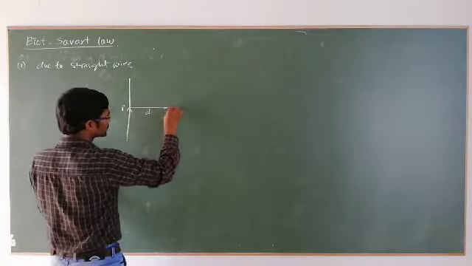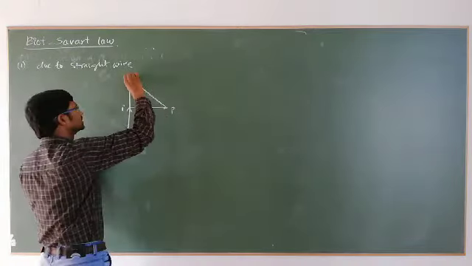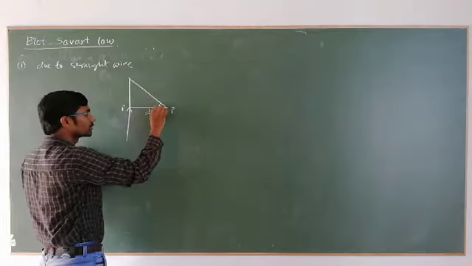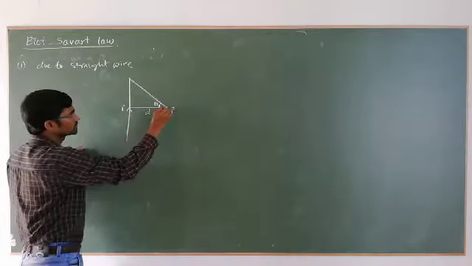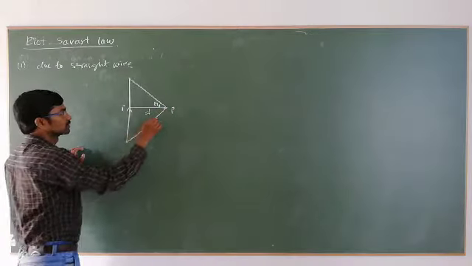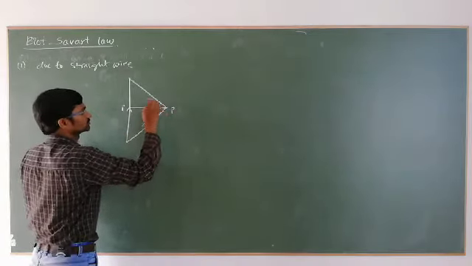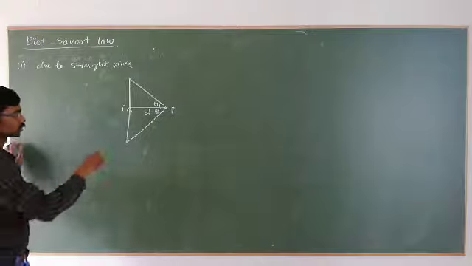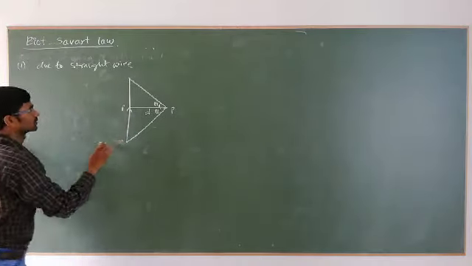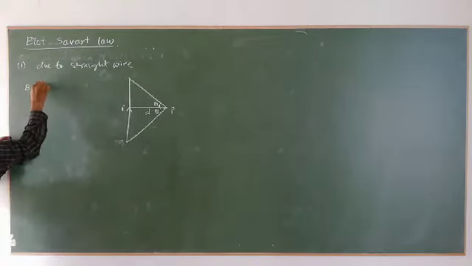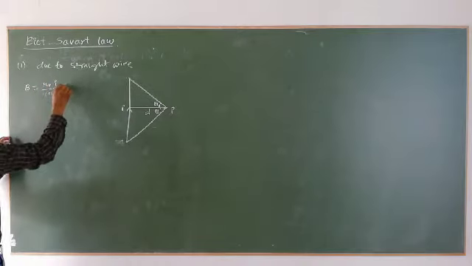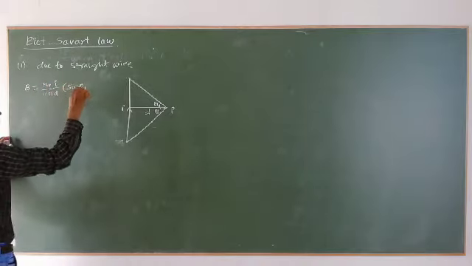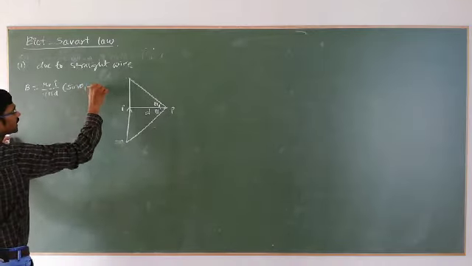And from this point, look at this end, what is the angle made by this one? Theta 1. And similarly, at this end, what is the angle made by this one? Theta 2. Due to this wire AB, B is equal to mu naught by 4 pi I by d into sin theta 1 plus sin theta 2.